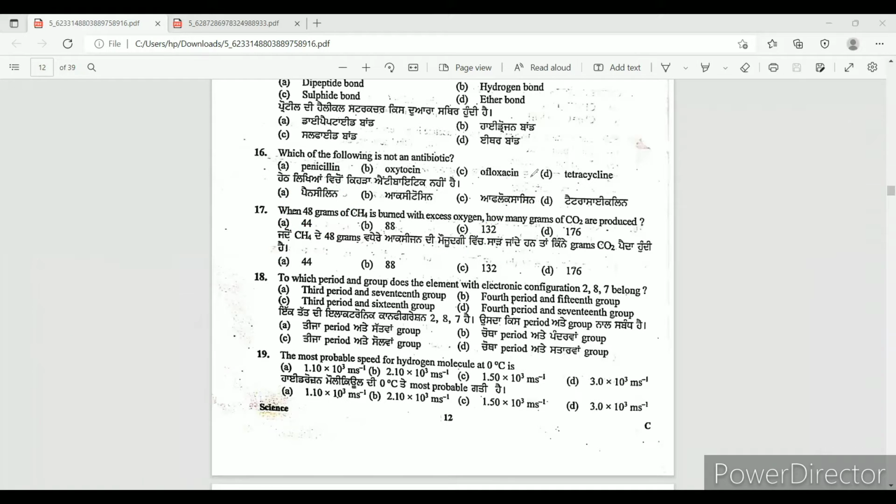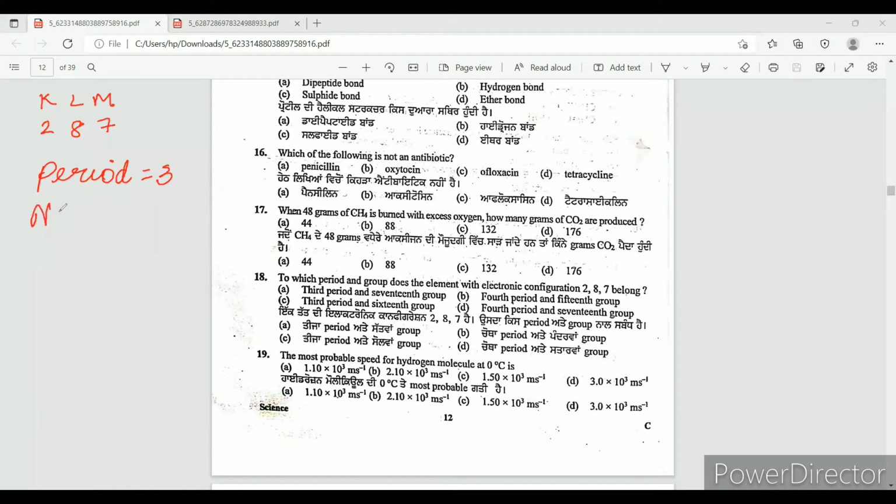The next question is, to which period and group does the element with electronic configuration 2, 8, 7 belong? So find out the total number of electrons. Now let's write K, L, M: 2, 8, 7. How many shells are there? 3 shells, right? That means the period is 3. How?